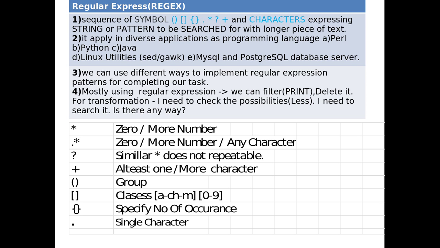Question mark is similar to asterisk, but it is not repeatable. I'll explain that with an example in the next slide. Plus means one or more characters. Open and close parenthesis group. Square brackets let us specify a range. Curly brackets give the number of occurrences, and a single dot means a single character.